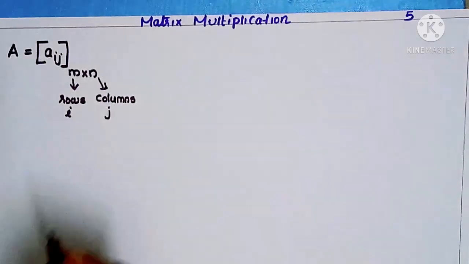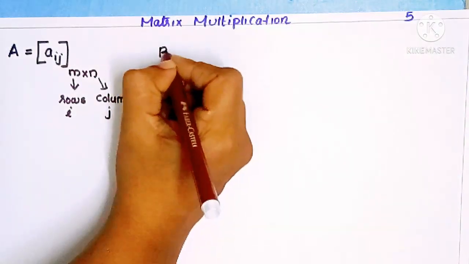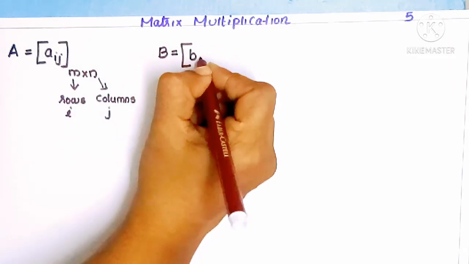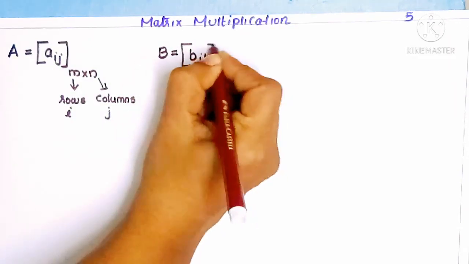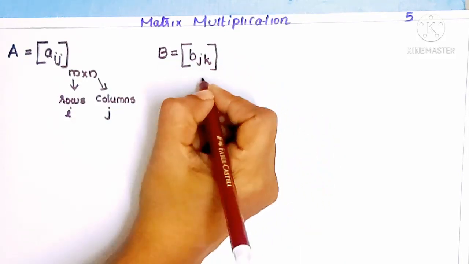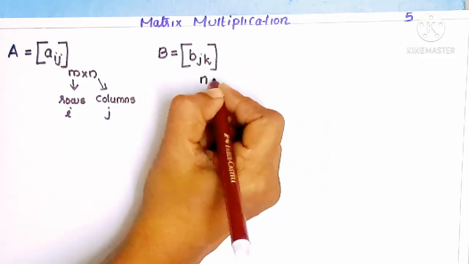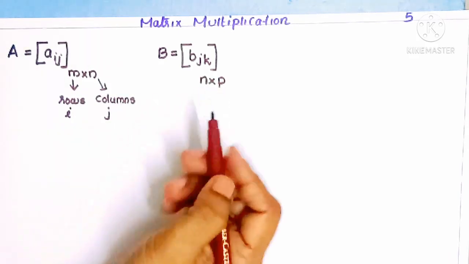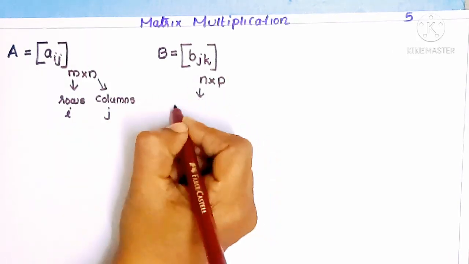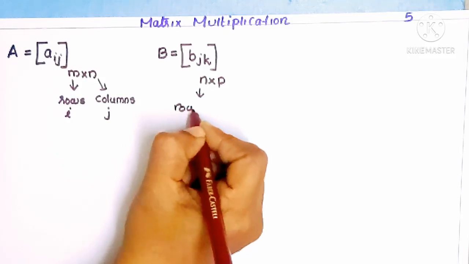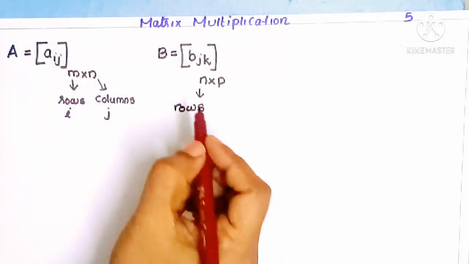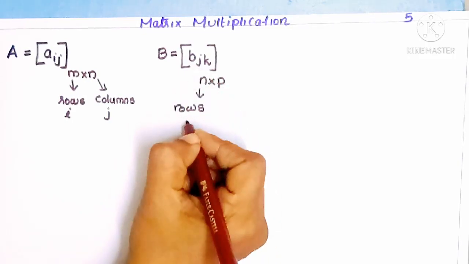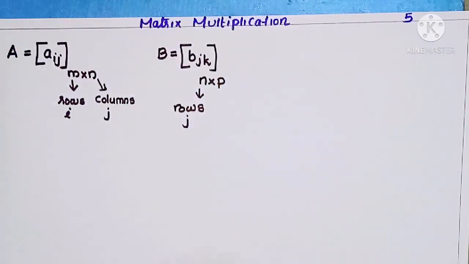Also, I am taking another matrix B. Its element can be written as B j k. It is an N cross P matrix, that means its order is N cross P. N indicates the number of rows, and the position of a row is indicated by small j.